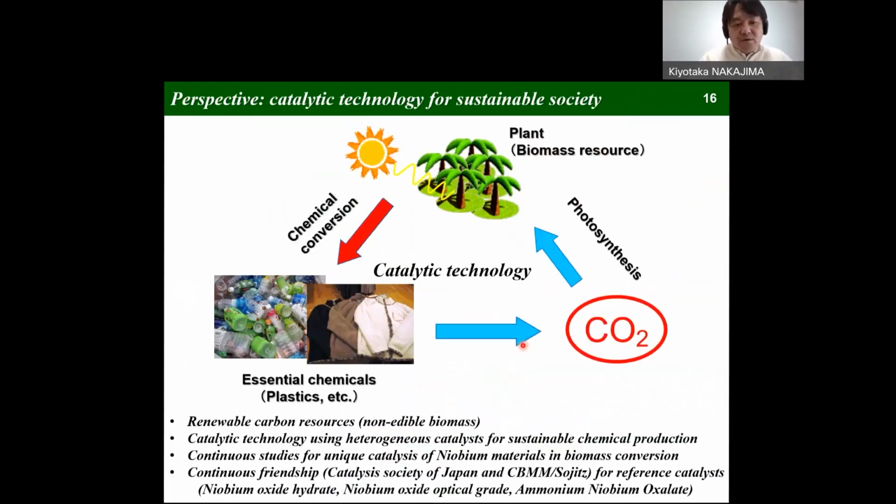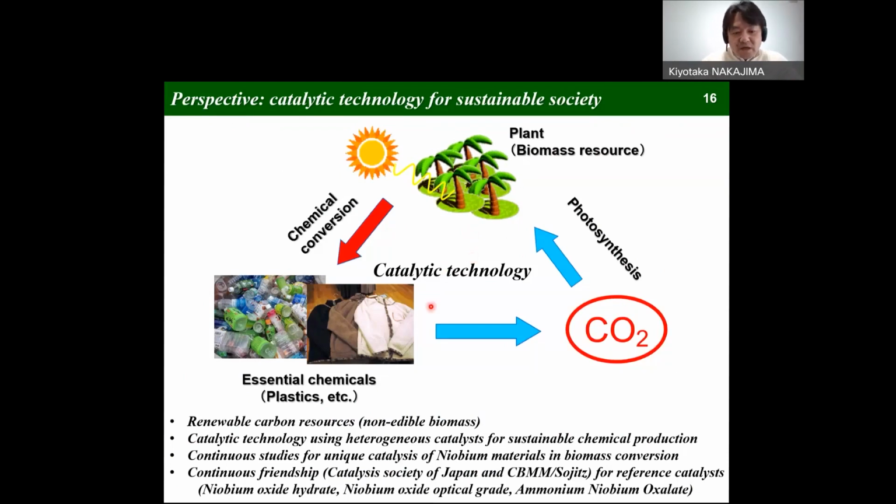Okay, let's summarize my talk. So the utilization of renewable carbon sources is the key factor to establish a sustainable society in the future. So catalytic technology using heterogeneous catalysts, mainly focusing on niobium oxide, is very important for sustainable chemical production. Continuous studies of unique catalysis of niobium material are important for biomass conversion.